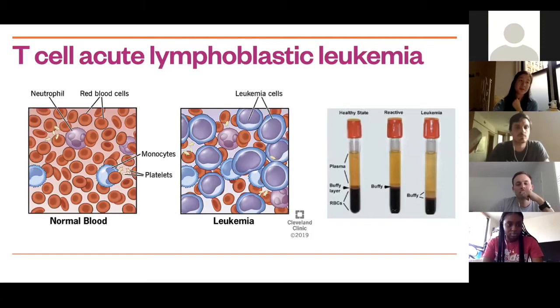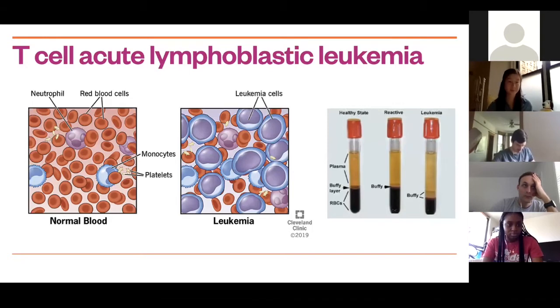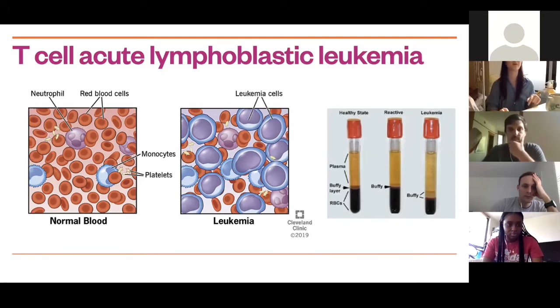What happens is, these T cells have something wrong in their development, and instead of differentiating into normal T cells, they're arrested at some early precursor stage. Not only that, but they also proliferate uncontrollably. So these patients have huge numbers of leukemia cells, and once they aggregate, they create all sorts of problems for these patients.